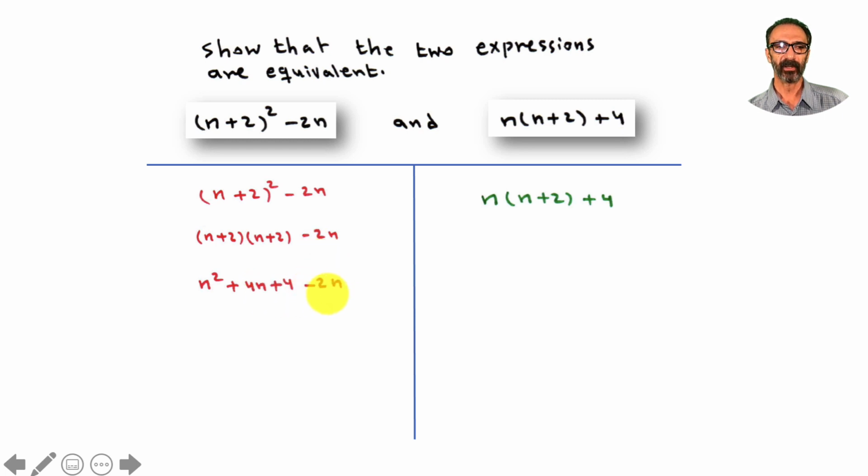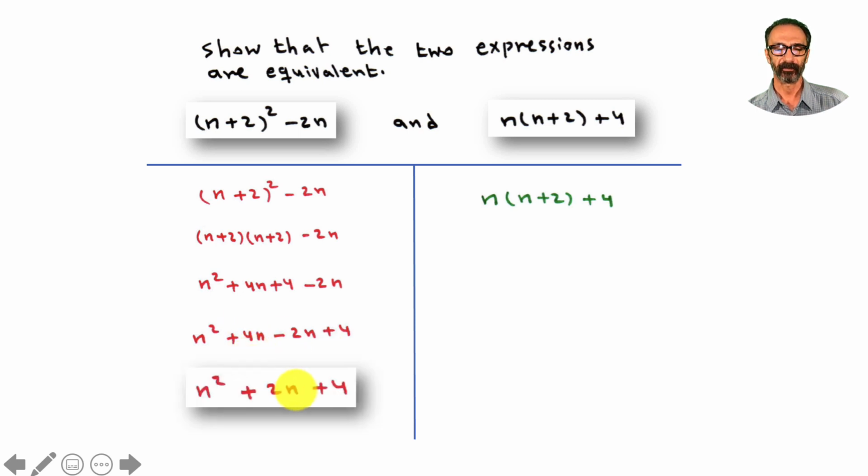I could reorder these two elements, which is called in math the commutative property of addition, because 5 plus 7 is the same thing as 7 plus 5, to move the n's next to each other, as you could see. Then I could combine these ones, called like terms, and that's 2n. We're done with the left hand side.